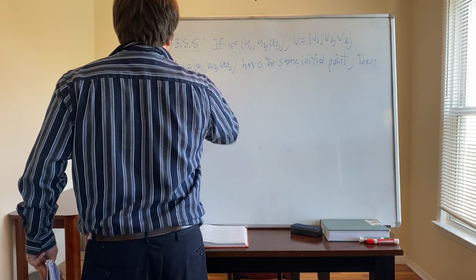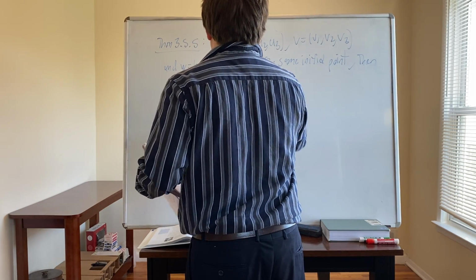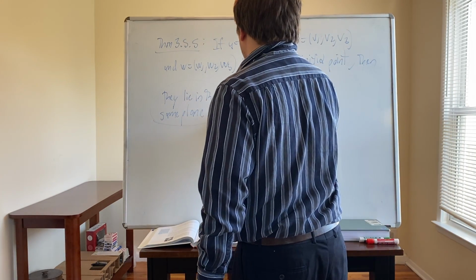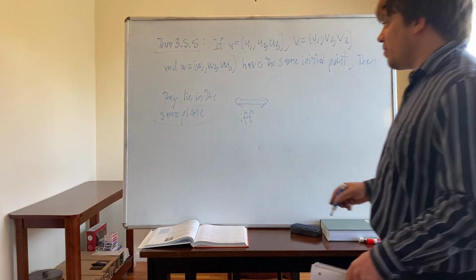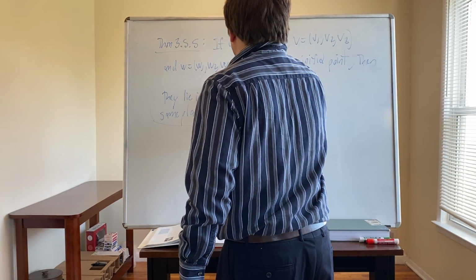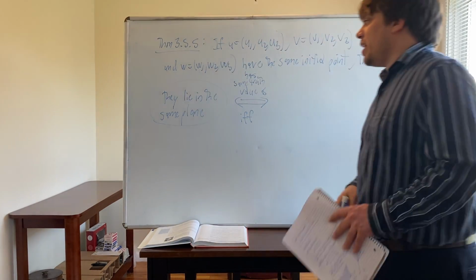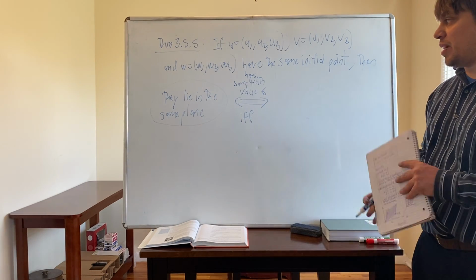That statement that they lie in the same plane is equivalent. Remember, this is the biconditional symbol. This means if and only if, which is abbreviated by iff. And what that means is they have the same truth value. So you could replace this notation with the words has the same truth value as.